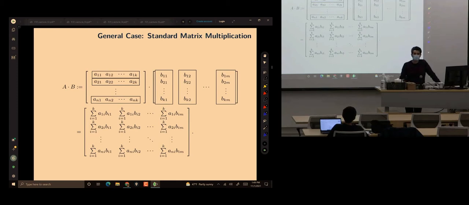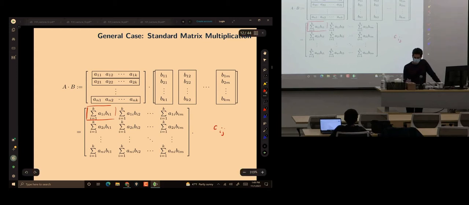It works this way: for every entry ij of a new matrix C, you take the ith row of A and multiply it by the jth column of B.